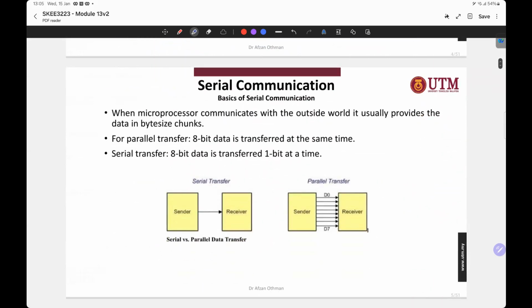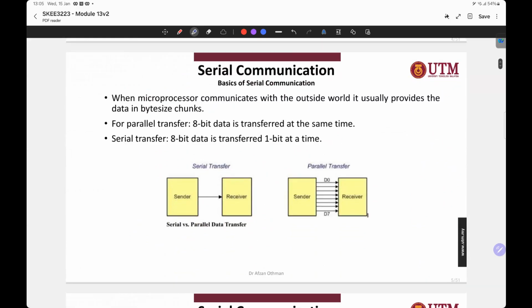Now we're going to look at the basics of serial communication. When the microprocessor communicates with the outside world, it usually provides the data in byte-size chunks. A byte-size chunk is 8-bit data.